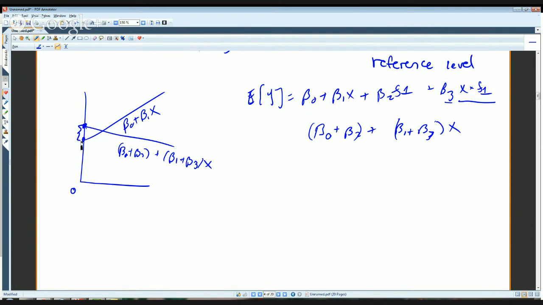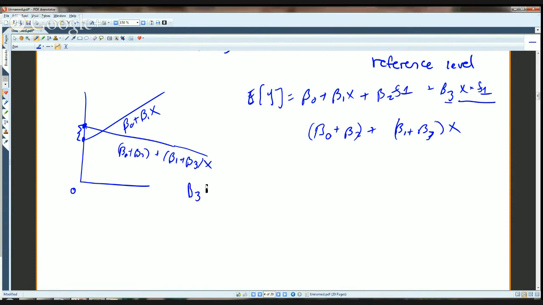Okay? And then what's beta 1 plus beta 3? Well, that's the slope of the new line. So beta 3 is interpreted as the change in the slope comparing the instance where factor 1 is 1 versus factor 1 is 0. Okay? So that's one example of interpreting an interaction.